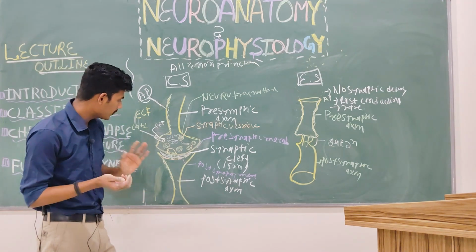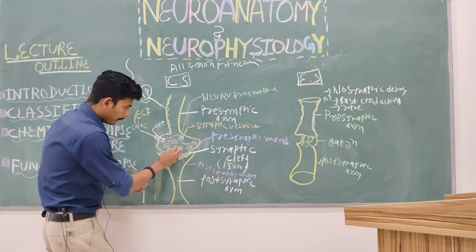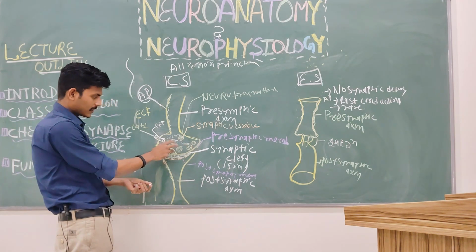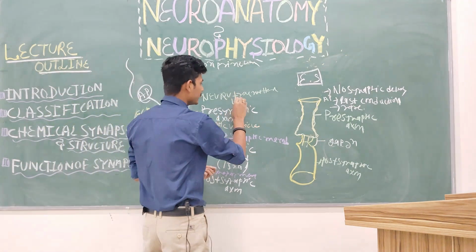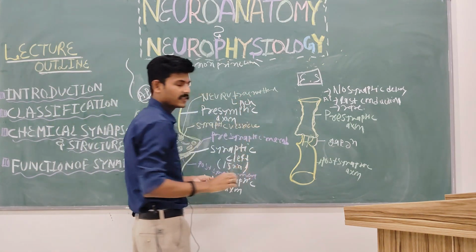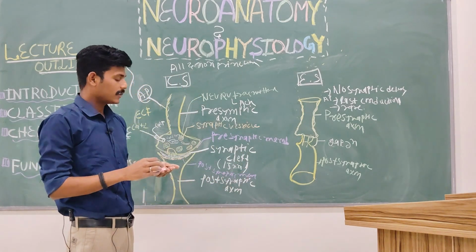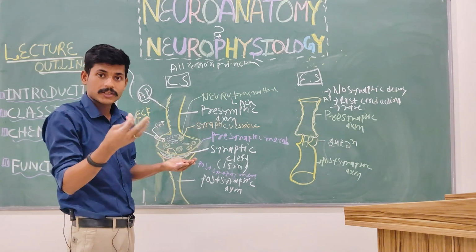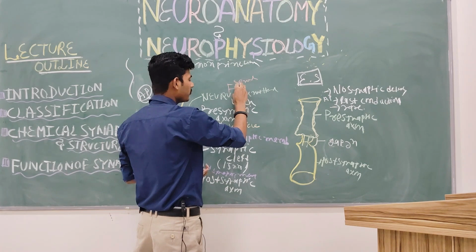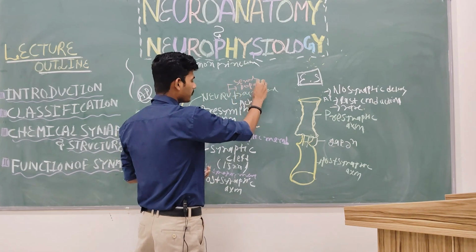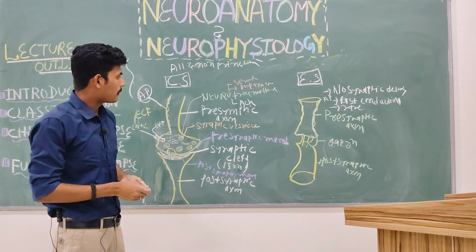No problem, understood. But one thing you should also remember: mostly these chemical neurotransmitters are acetylcholine, ACh, the first neurotransmitter discovered. Apart from that, depending on location, there may be serotonin, there may be dopamine. There are different types of neurotransmitters present.